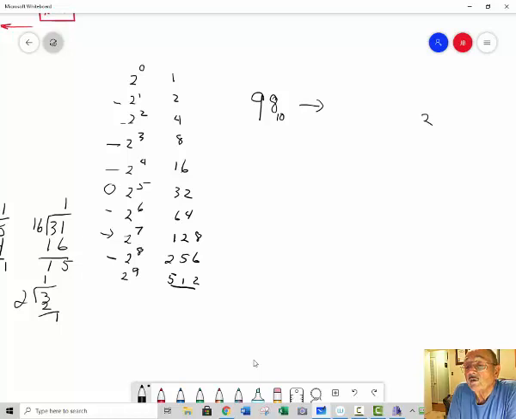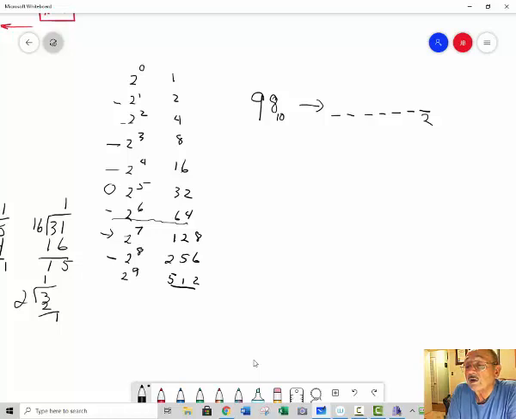Well, what's the biggest power of 2 that will divide into 98? 64. Looks like it's this one right here. Okay, 2 to the 6 will divide it, so I'm going to have 2 to the 6th, 2 to the 5th, 2 to the 4th, 2 to the 3rd, 2 to the 2nd, 2 to the 1st, 2 to the 0. I've got 1, 2, 3, 4, 5, 6, 7 powers.